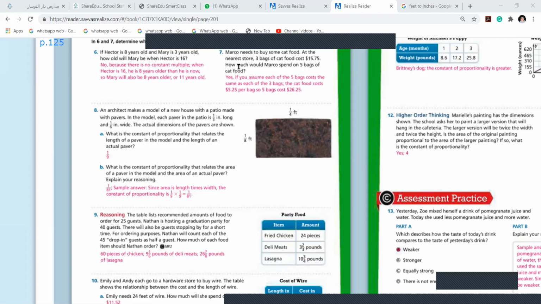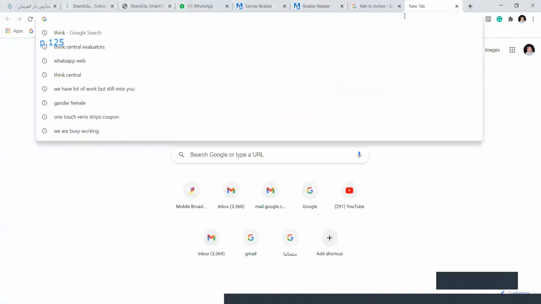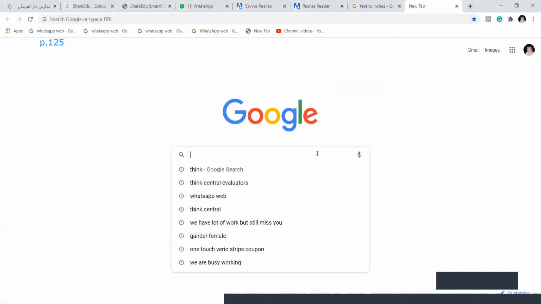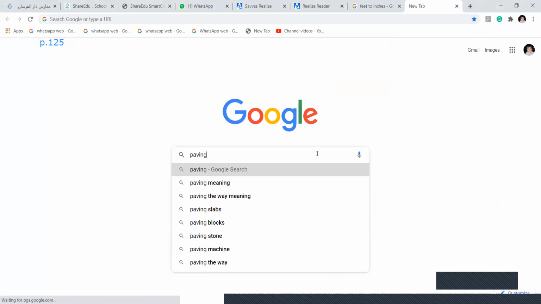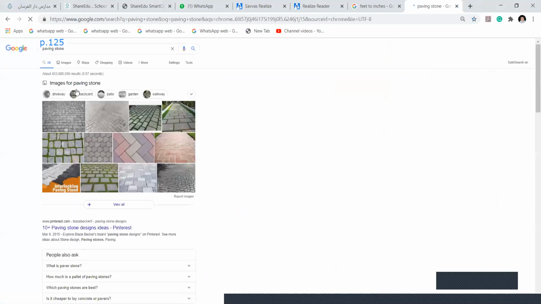I will show you a photograph of the paving stones, then you will understand. For math you don't need it, but if you get an idea of what a paving stone is, you can understand the question more perfectly.